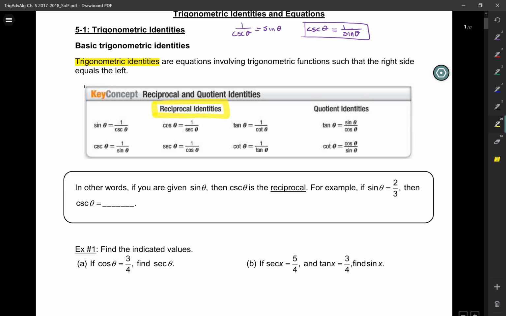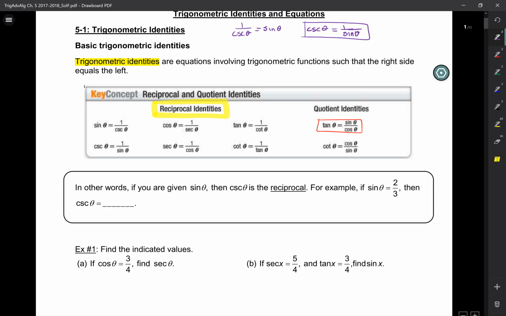All right? Now, we also said, remember, that tangent is sine over cosine. Do you remember that? Because it's y over x, exactly.